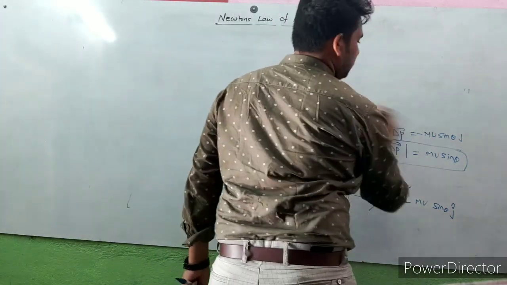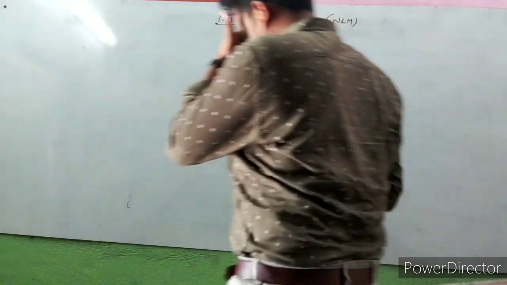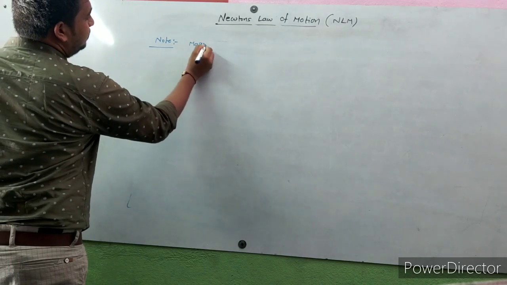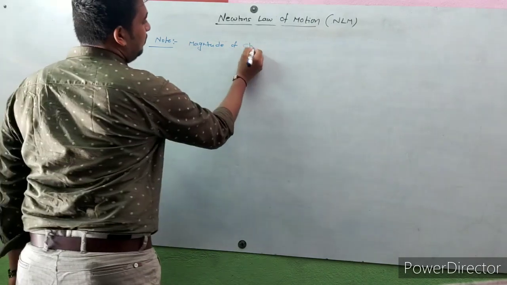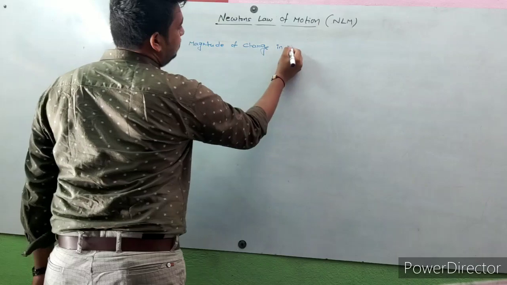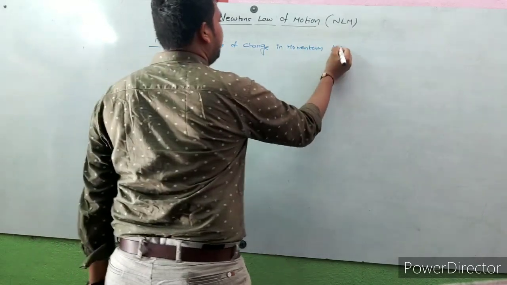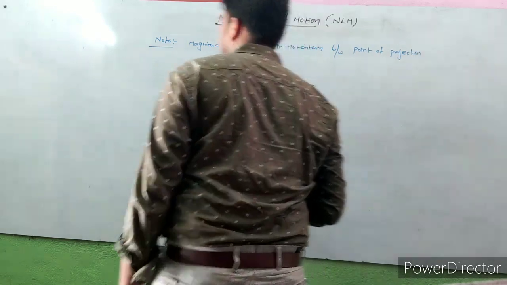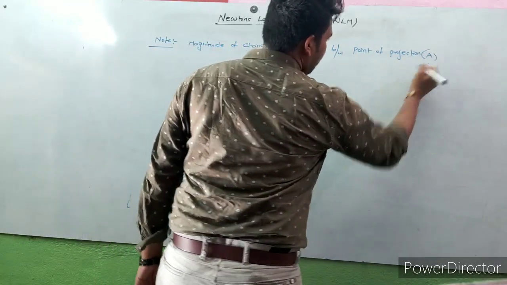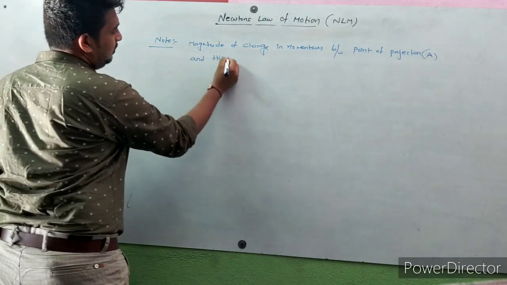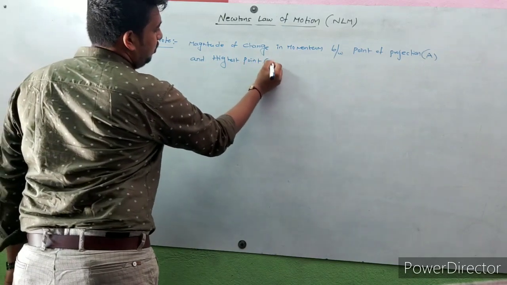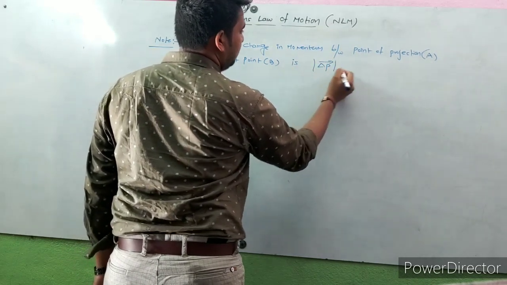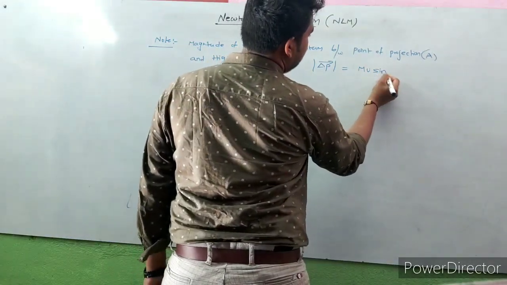So note down this point. Magnitude of change in momentum between point of projection A and highest point B is delta P bar in magnitude equal to what we got, mu sin theta.